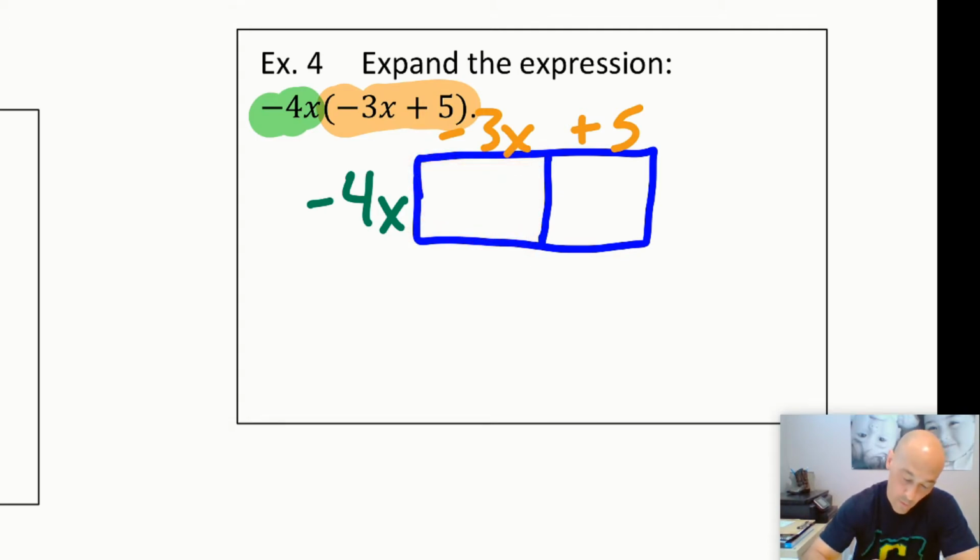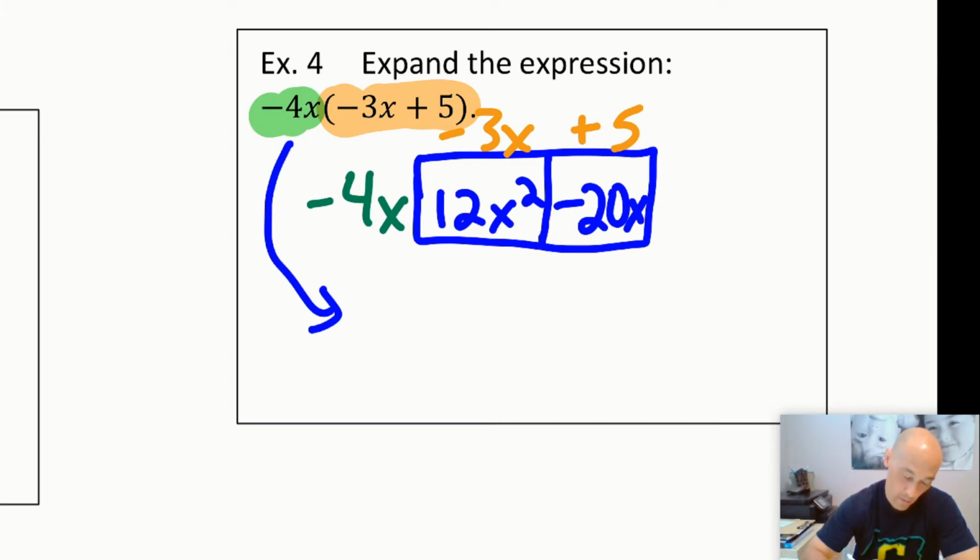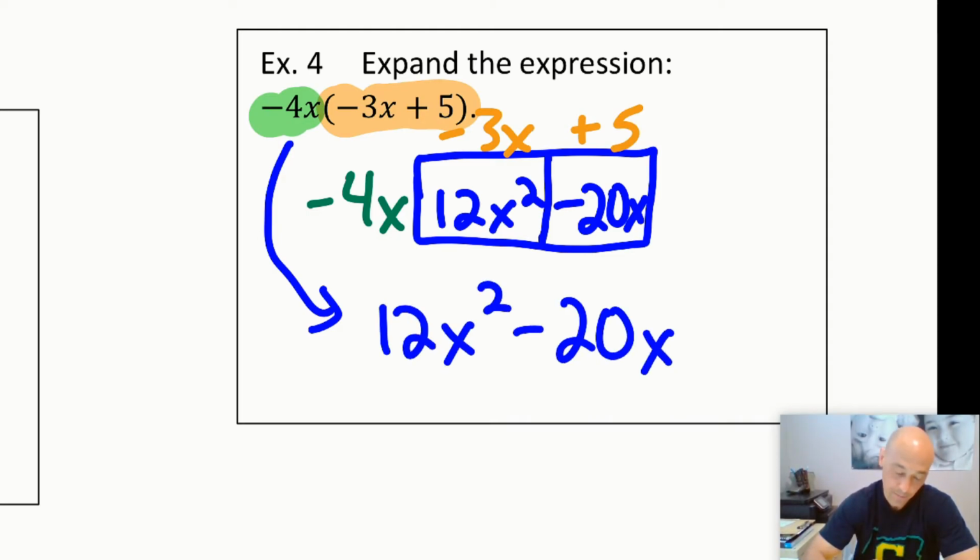So we do negative 4x times negative 3x is positive 12x squared. Negative 4x times positive 5 is negative 20x. So we can rewrite our original expression as 12x squared minus 20x.